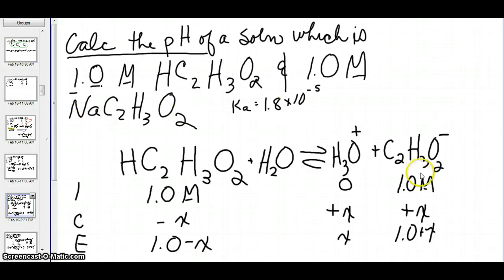Now, instead of having 0 acetate ions, which is how we did the first problem, now you've started off with an equal amount of the acetate ion and the acetic acid. But since you have some acetic acid in solution, it's not a Kb problem, it's simply a Ka problem.